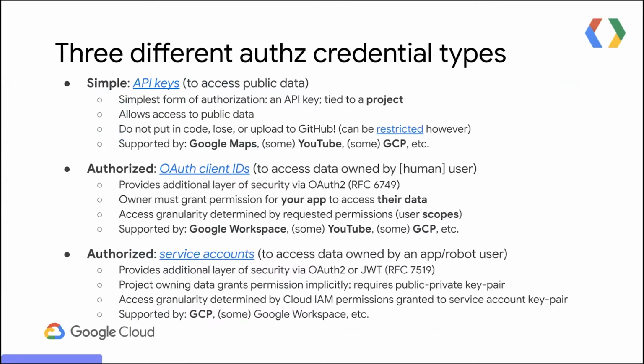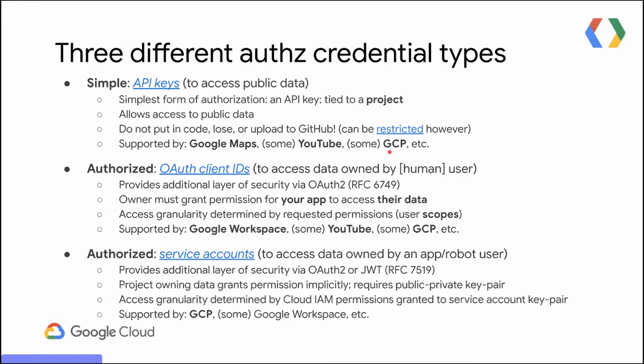Now, when you do click on the Credentials tab, you will be asked what type of credentials you want, and it depends on what kind of APIs you're using. The easiest types of credentials are the simple ones, and those are API keys, and they are generally used to access public data. For example, if you want to search for a location on Google Maps, or look for a video on YouTube, and maybe some cloud platform APIs are public.